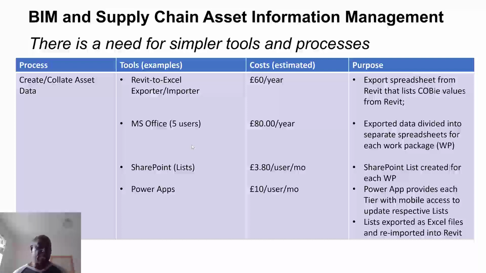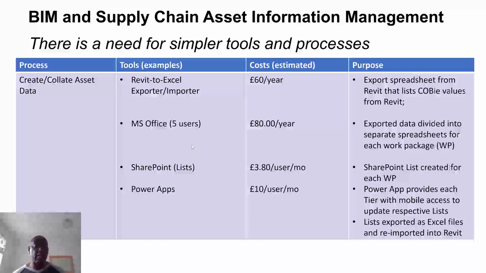Given the fact that the exported data that is given to me by the person further up the supply chain needs to be separated into work packages, I probably am going to need MS Office and a 5-user license of that. And then I need to think about the requirement for this to be accessible to others without having to open Excel every time they want to make a change.